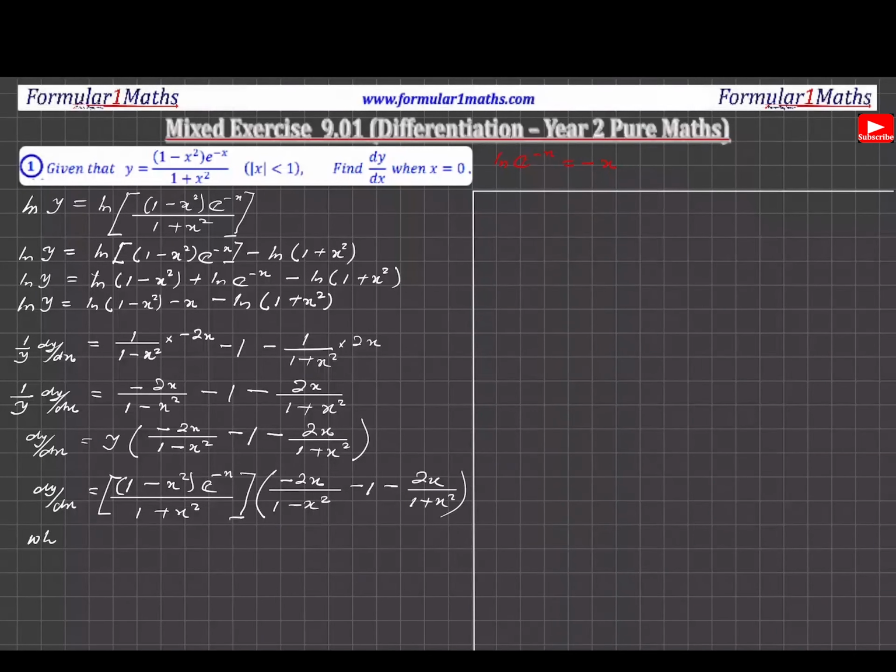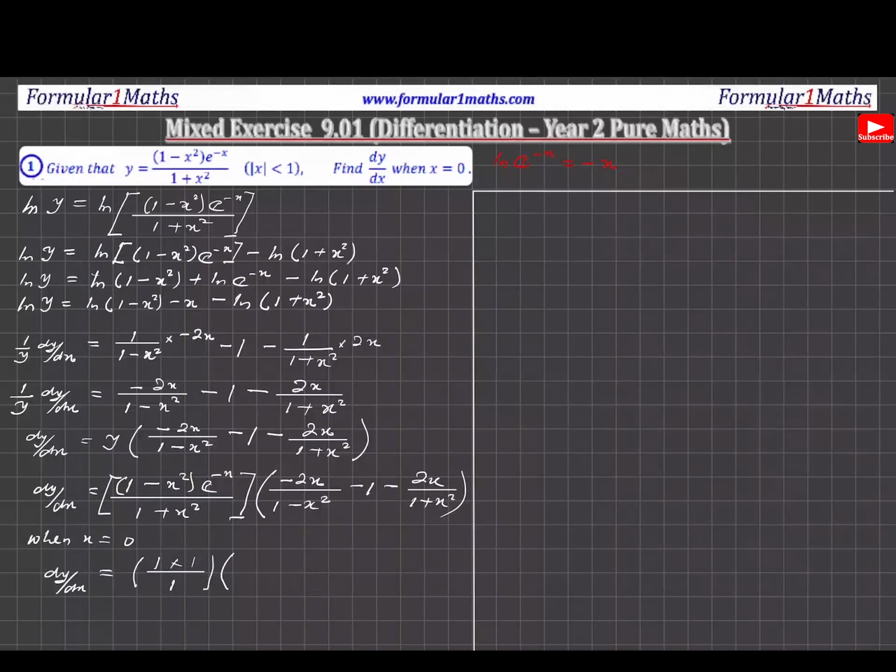So when x equals 0, dy/dx is equal to, that will be 0, and that will be 1. So 1 times 1 will be 1. So I'll have 1 times 1 over, if I put 0 here, the whole denominator becomes 1.